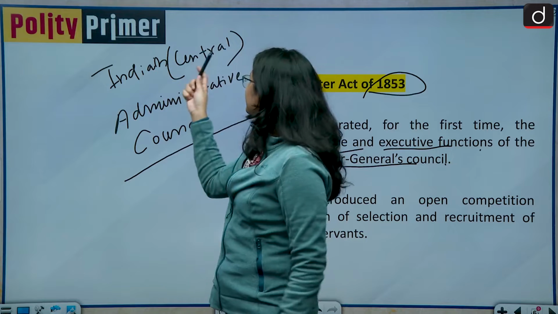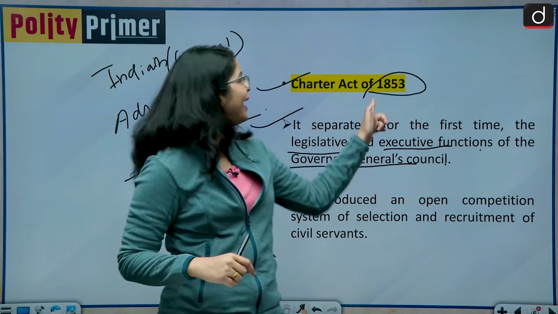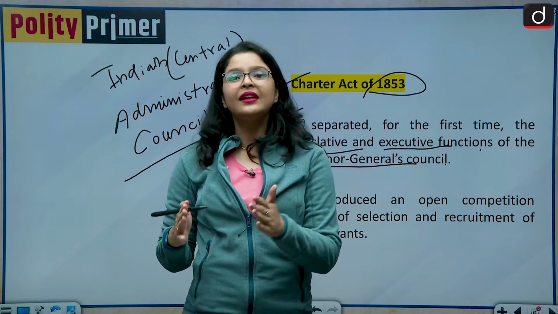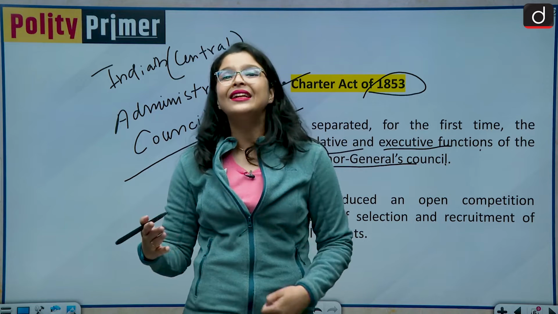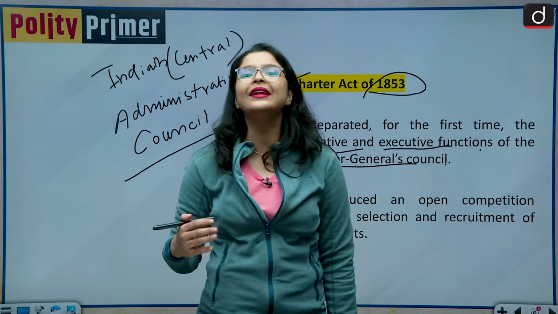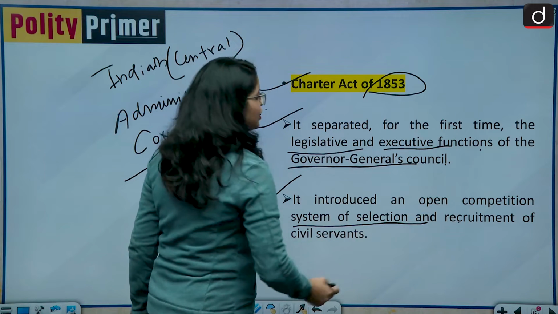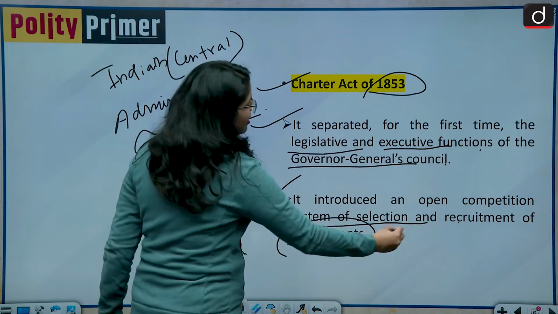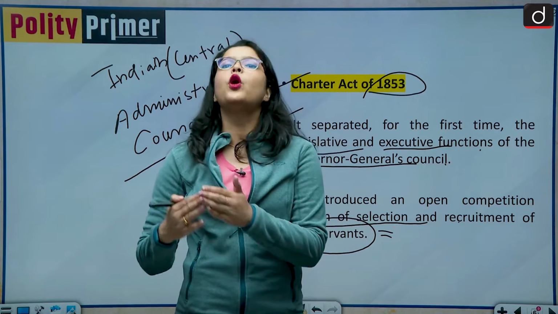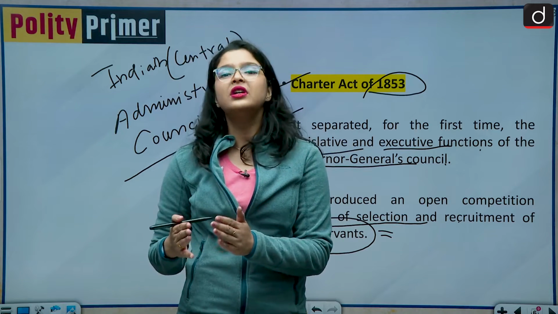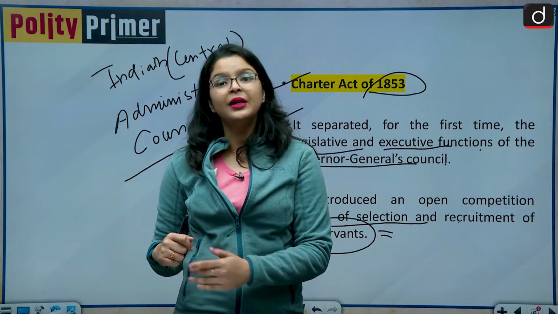This Indian Central Administrative Council gave local representation. It acted as a mini British Parliament in India. It also introduced an open competition system of selection and recruitment of civil servants. And if you ask me, ma'am, what is the importance of this? For the very first time, the British civil services were thrown open to Indians as well.